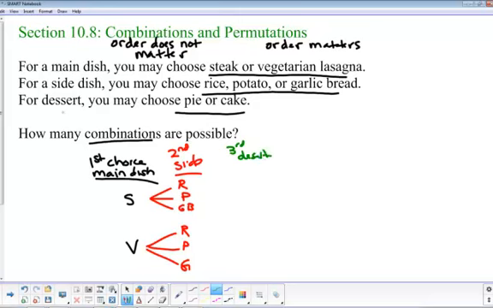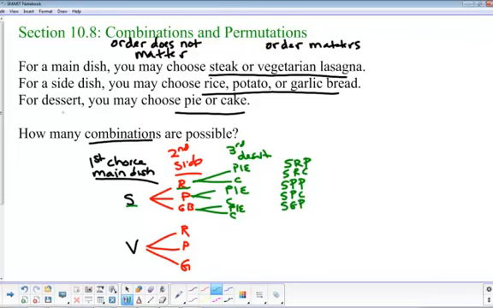If I have steak and rice, I could either have pie or cake. If I have steak and potatoes, I could either have pie or cake. And if I have steak and garlic bread, I could either have pie or cake. So right here, I have steak, rice, pie; steak, rice, cake; steak, potatoes, pie; steak, potatoes, cake; steak, garlic bread, pie; steak, garlic bread, cake.